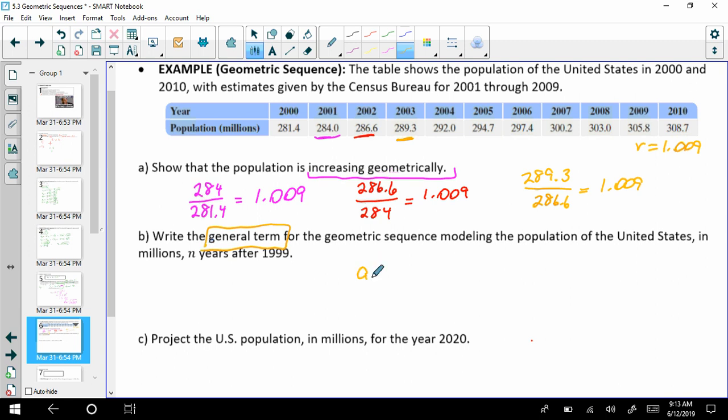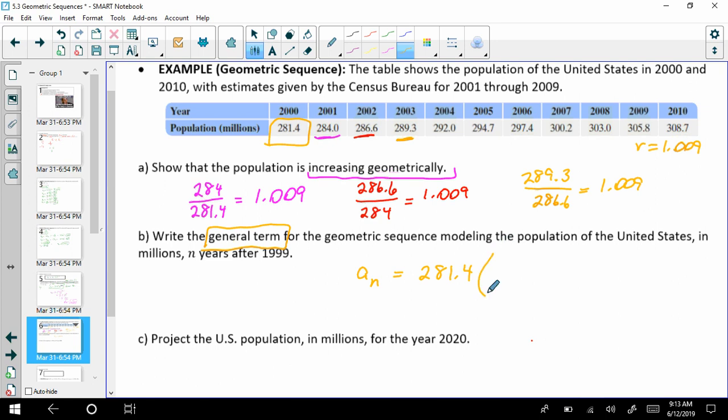So a sub n equals, the first thing in my formula was a sub 1. What's a sub 1? What would be my starting term? It's 281.4. That was my starting population. Times, what's r?